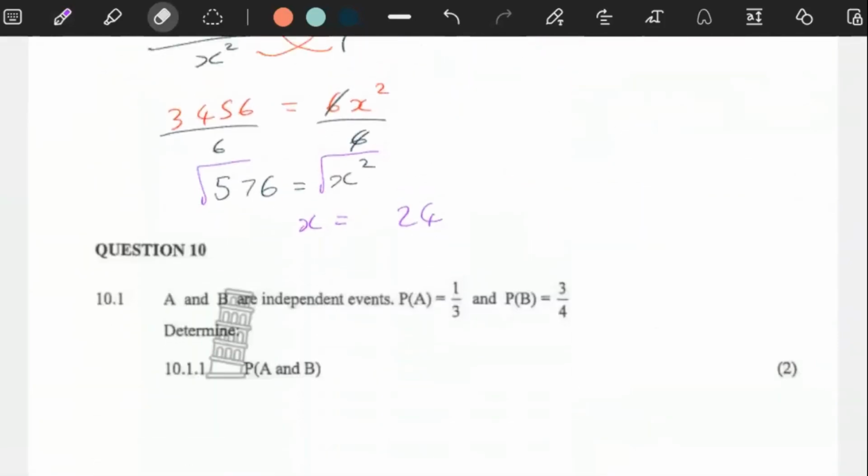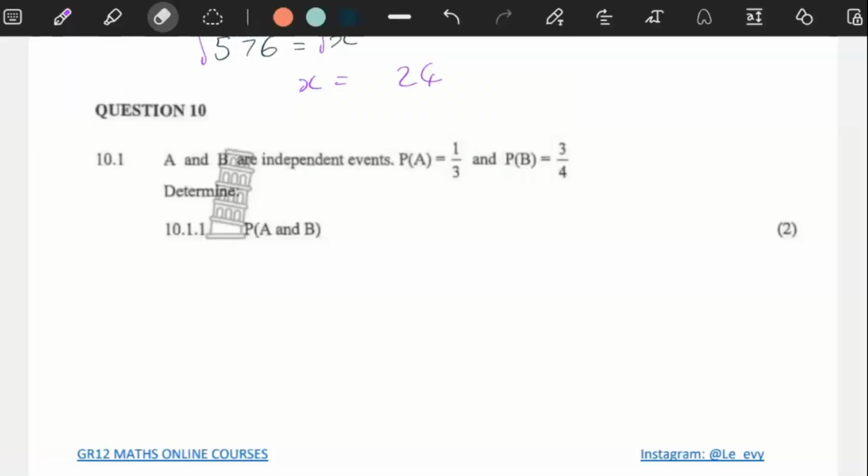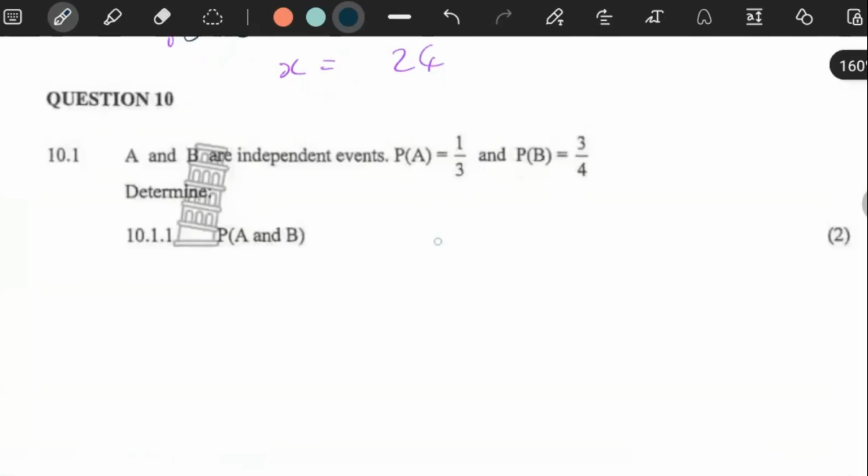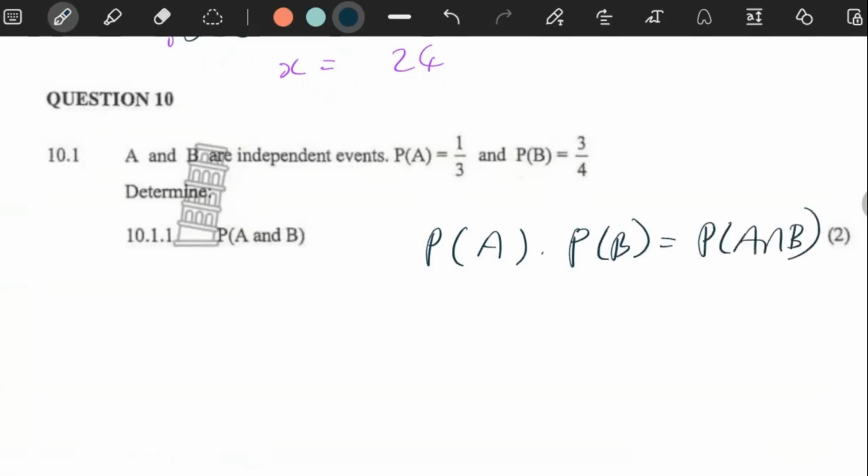Let's move on to question number 10. A and B are independent events. The probability of A is a third, the probability of B is 3/4. Then it says determine the probability of A and B. If they're independent events, it means that the probability of A multiplied by the probability of B is equal to the probability of A and B. That's for independent events.